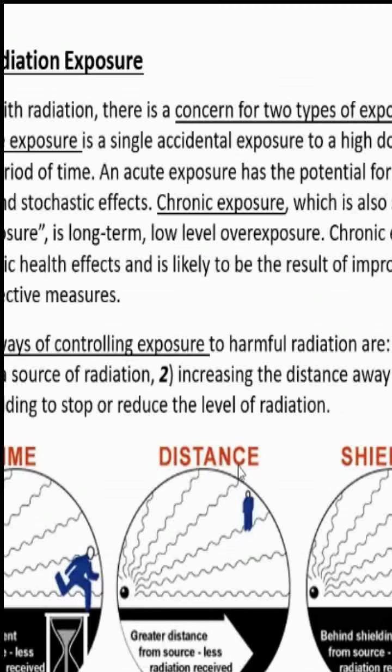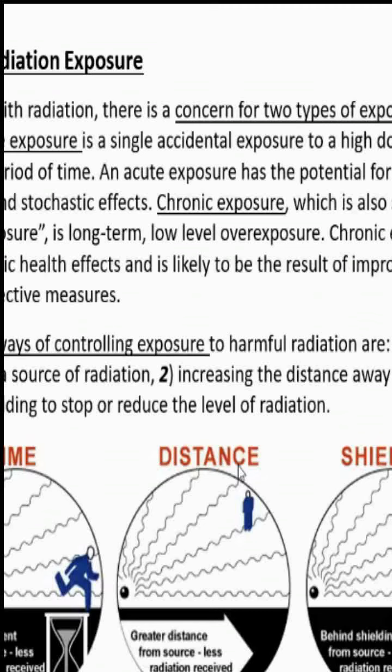Time, distance, shielding: time should be minimum, distance should be maximum, and shielding should be maximum. The reason is, as the distance increases, the radiation energy or intensity decreases. That is what we have seen through the equation I1 D1 square is equal to I2 D2 square.